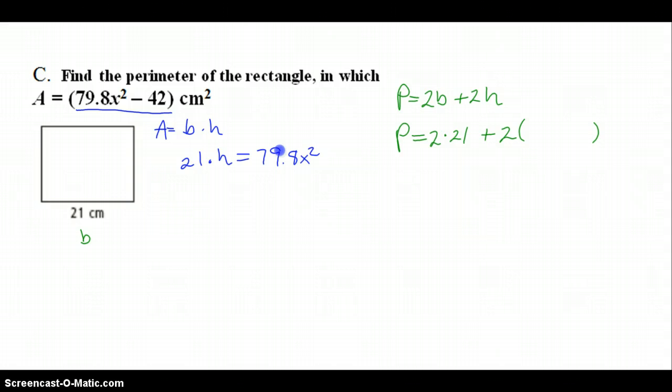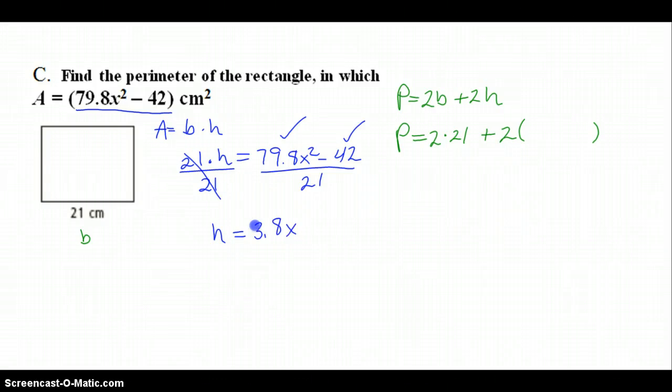79.8x squared minus 42. So to find out what h is, we're going to divide both sides by 21. And when we divide this right-hand side by 21, we're going to divide both of these by 21. So that we should get h equals 3.8x squared minus 2.